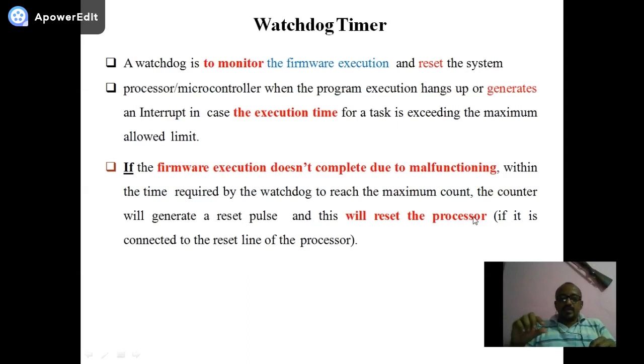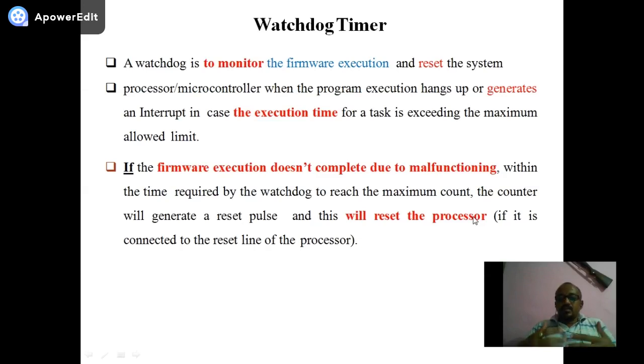So in an embedded system, there is a circuit for the firmware being executed, in which a clock is set. If any malfunction happens and the firmware hangs up, for example in a mouse, the counter which is set inside the program itself will go on updating even if it hangs.